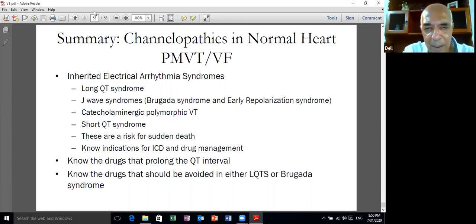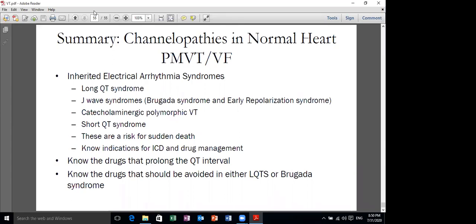So if I may give quick comments: in patients with ventricular tachycardia and a structurally normal heart, ICD, as Dr. Muhammad pointed out, has no role.